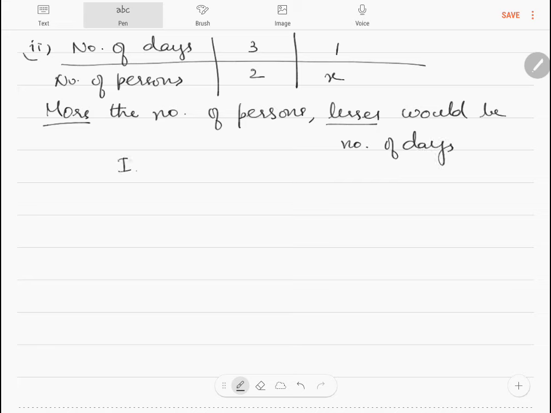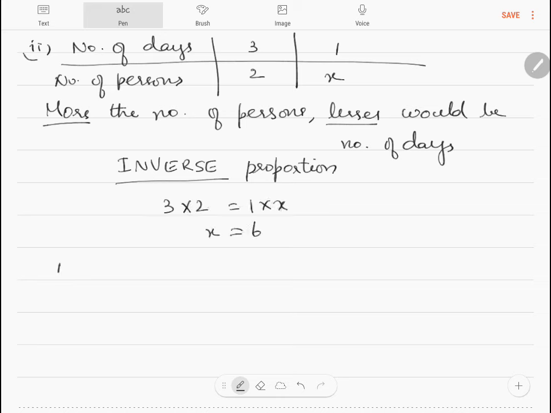So it is in the case of inverse proportion. 3 into 2 equal to 1 into X. X is 6. Hence 6 persons would be needed.